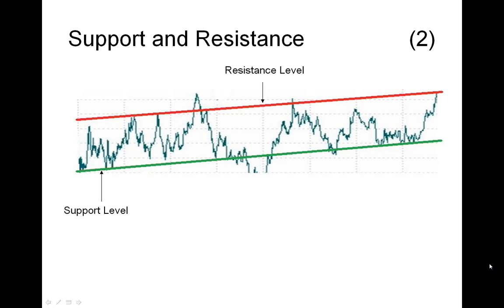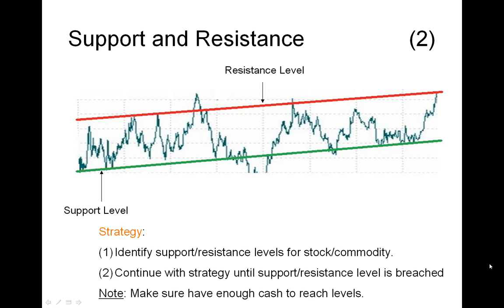Essentially, we combine the martingale or outlast strategy with these concepts, and we try and identify support and resistance levels for the stock or commodity that we're interested in investing in, and we continue with this strategy until the support or resistance level is breached. The understanding being that we don't expect the support or resistance levels to be breached. So let's say we start with a particular commodity at X, and we see that the value is going down.